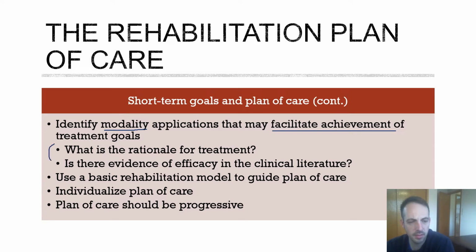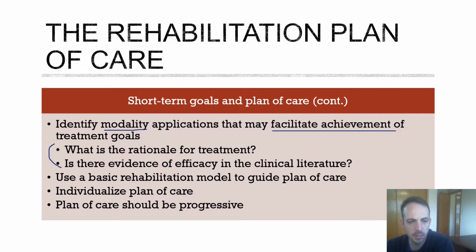But we then also need to make sure we're looking at the rationale and the efficacy for those treatments. So towards the end of this class, we'll be going back through the modalities to look for these rationales and evidence of efficacy as we look to implement them.